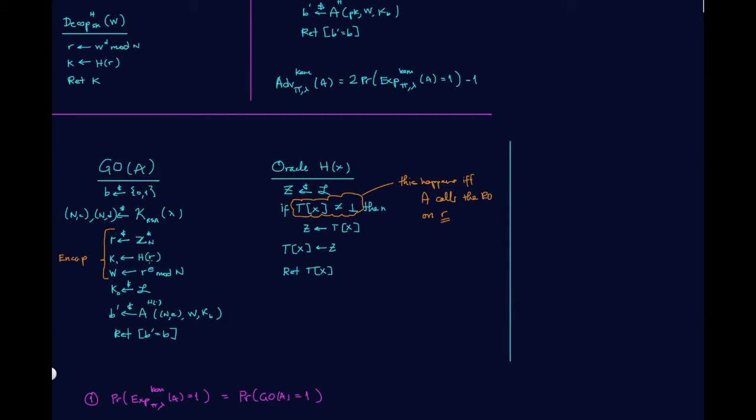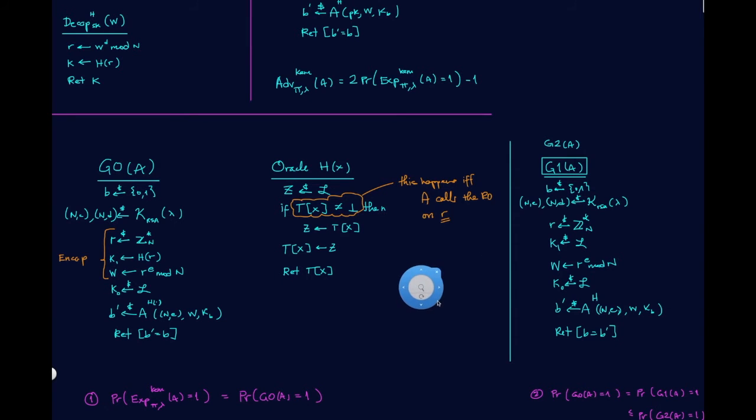So H is called on this R as part of encapsulation, and that's going to set a value, right? T of R is going to be set to something. Everywhere else, the table is undefined. So the only way that this statement happens is if during its execution, A manages to call this thing on the value of R. So we're going to keep that in mind, and we're going to move to the next game.